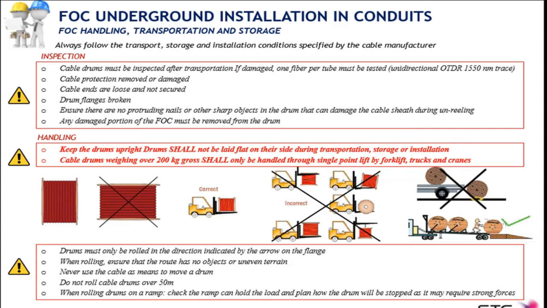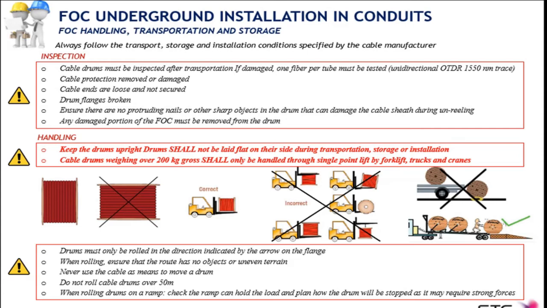Please pay attention to the drawings down here, because they are actually self-explanatory, and an image speaks more than 1,000 words. Here on the left-hand side, you can see the only way a cable drum can be stored, handled, and transported.